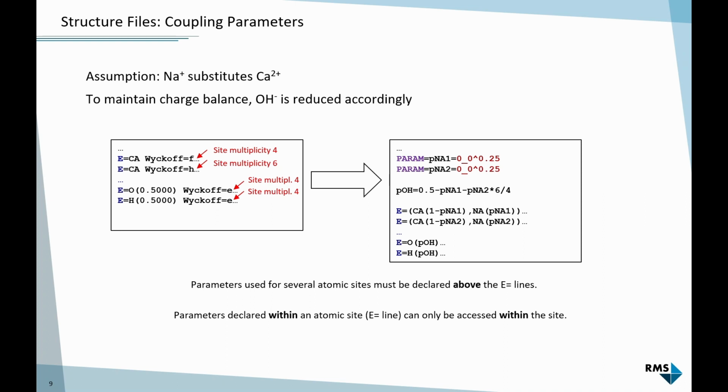It's basically just an example to show that we can use these calculations in the structure files to do just about anything we want. It's really powerful. We can establish complex models for substitutions by implementing this. And this is the main reason why Profex, even though it's a graphical user interface, still uses text files.